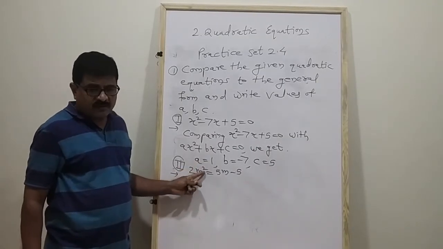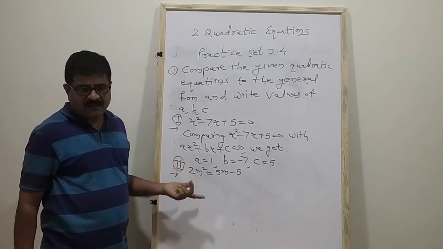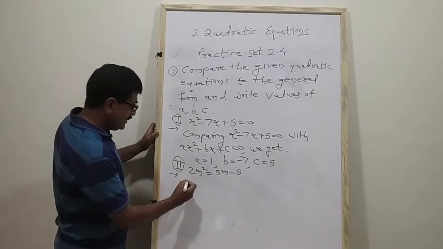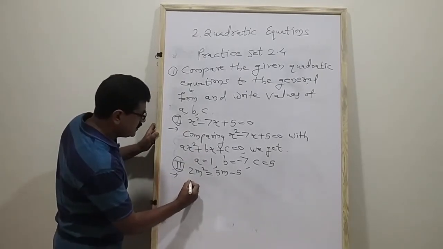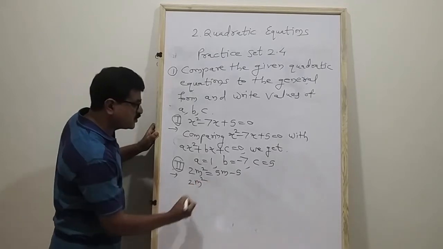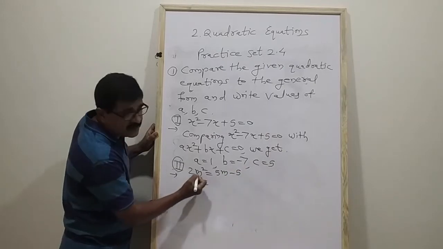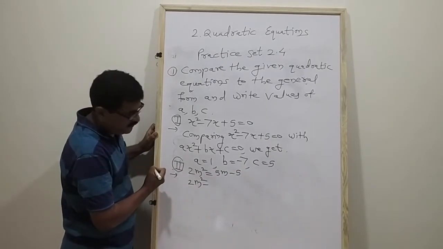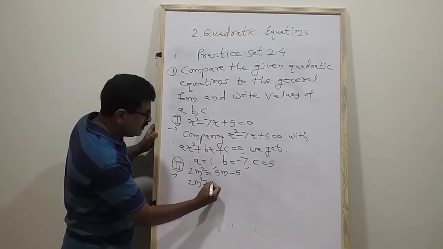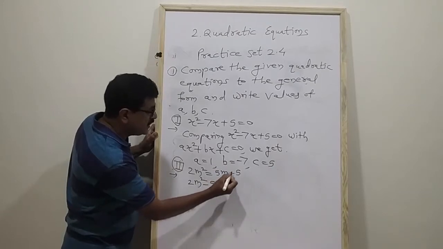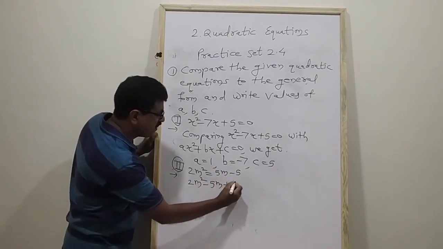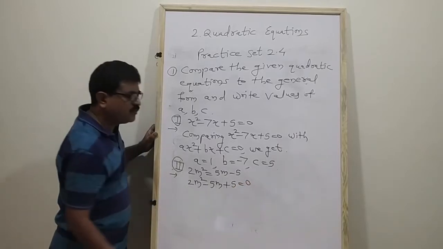Therefore, we have to change this into the general form. That is, we can write the given equation as 2m square, transfer all terms to the left hand side: 2m square minus 5m, minus becomes plus 5, is equal to 0.